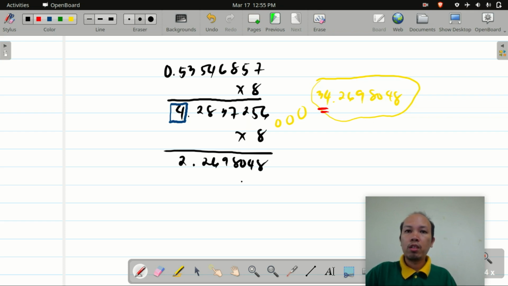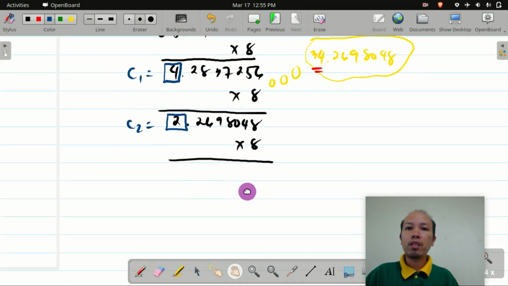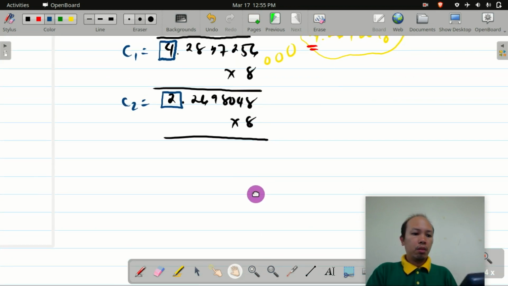So this is 2.2698048. Multiply by 8 again, so this is 1 here. This is our C sub 1, C sub 2. Okay, so continue the process. 2.2698048 times 8.